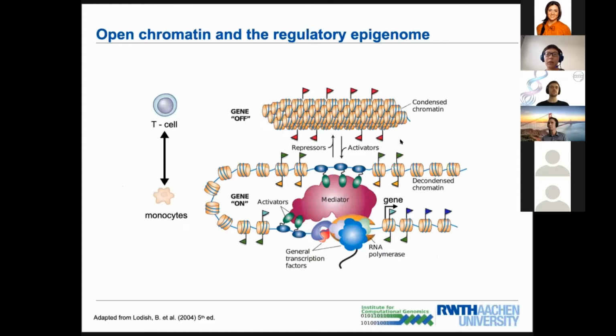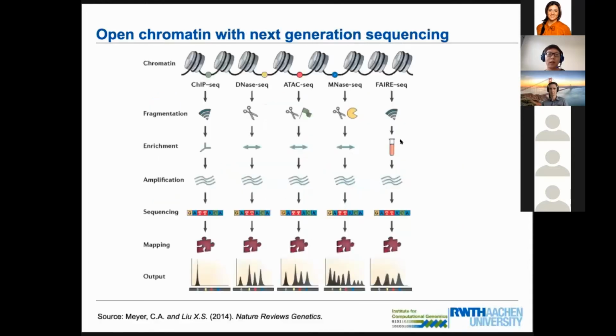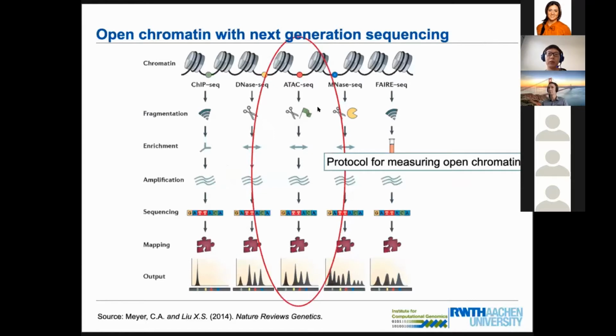For example, if the chromatin is accessible, transcription factors can bind to the promoter and activate gene expression. To measure chromatin accessibility, people have developed different protocols such as DNase-seq, ATAC-seq, and MNase-seq. In this tutorial, we will focus on ATAC-seq.